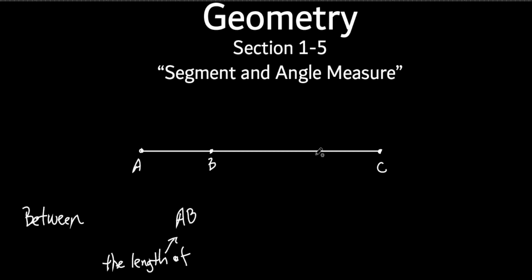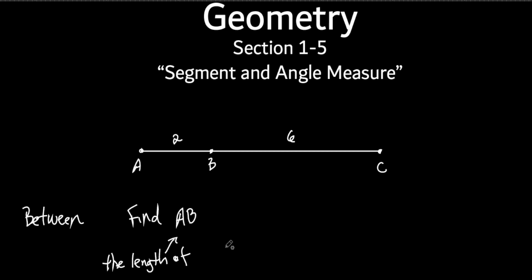Now, I don't know the length of the line segments. Let's just say I did. Let's say that the length of AB was 2. And let's say the length of BC was, maybe like 6 or something like that. So when I just say find AB, and that's all it says, what does it mean? It means find the length of line segment AB. They told you in this picture what the length of line segment AB is. It's 2, exactly.